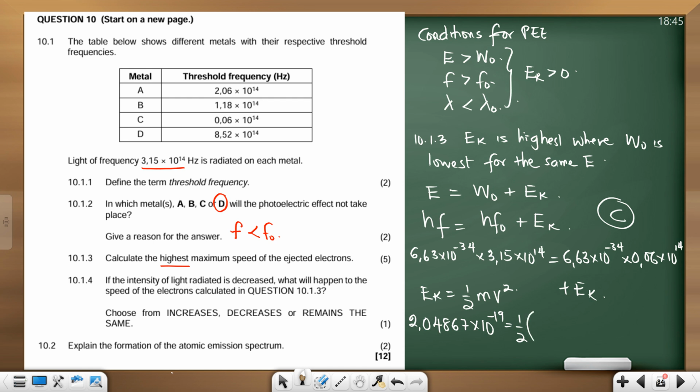What is the mass of an electron? It's there on the formula page. 9,11 times 10 to the power negative 31. And you have what? V squared. Now you can do the maths.